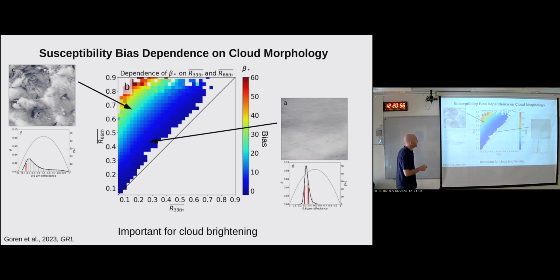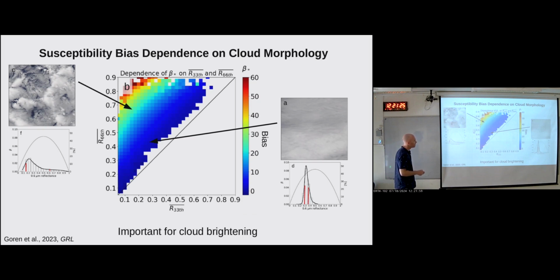So here I show you on the y-axis the albedo of the upper percentile, and on the x-axis the albedo of the lower percentile. And now in color, this is the bias, up to 50-60%. You can see that the largest bias is at the top left, where we have thick cores with high albedo in the upper percentiles, and thin angles with low albedo in the lower percentile.